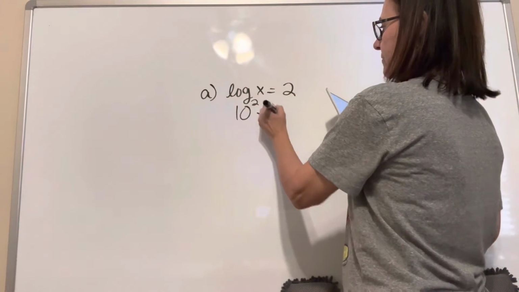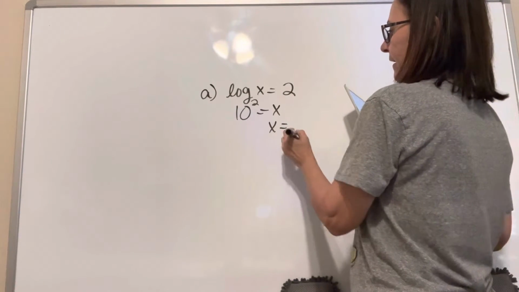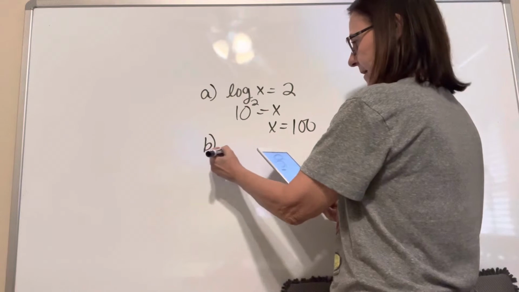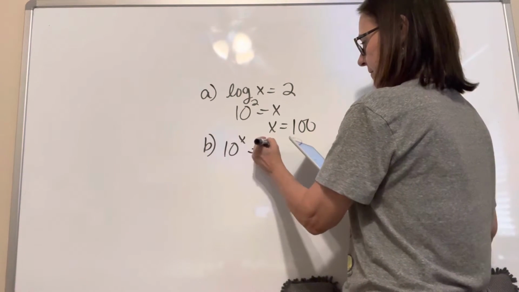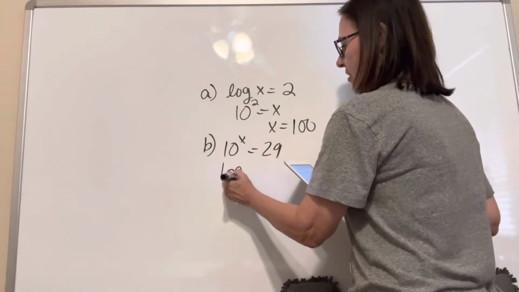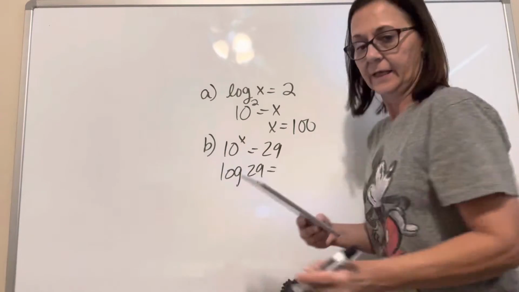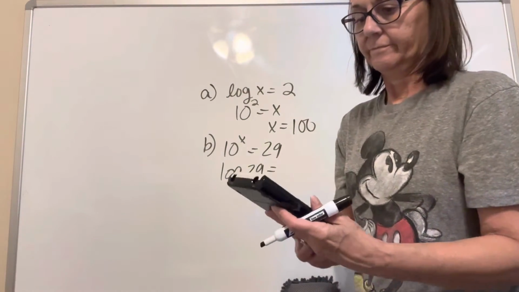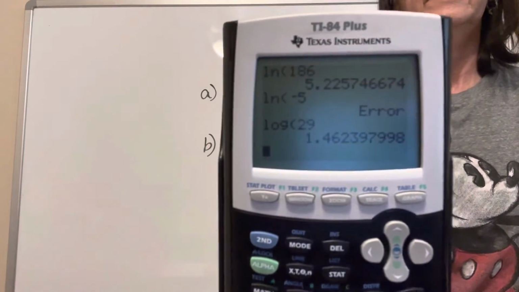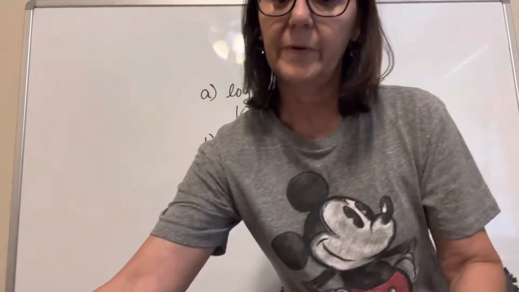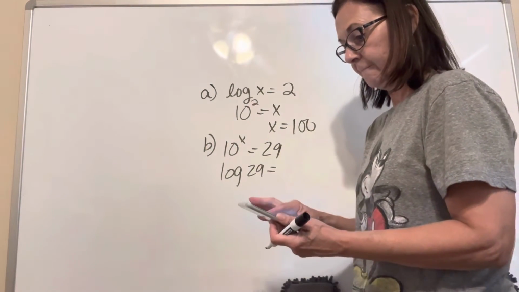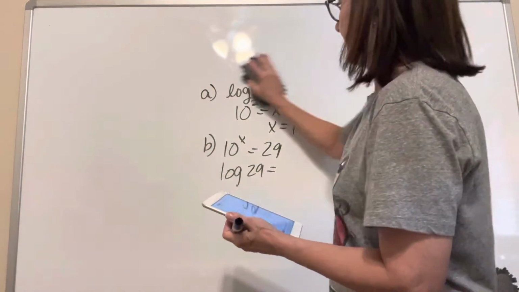That's 10 squared equals x. x is 100. This is back to example 2. This is the log of 29 equals x, and that's the answer.